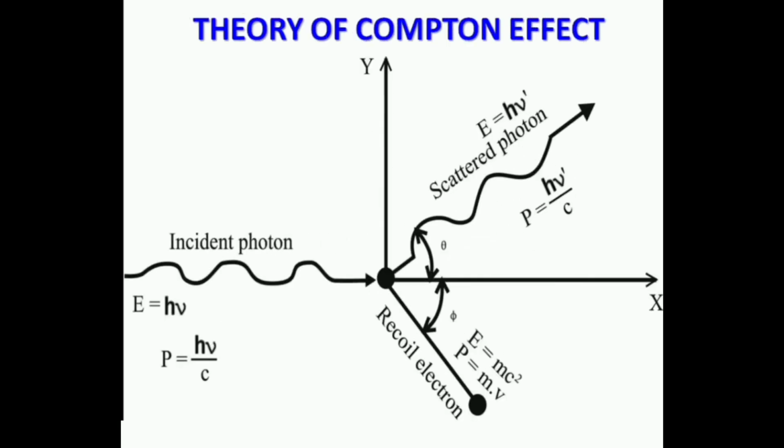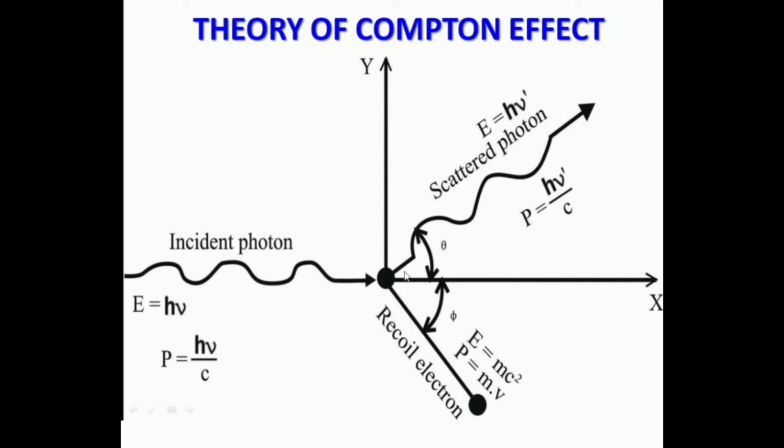As you can see here, this is an electron, and this is the incident photon. The incident photon has energy E equal to h nu and momentum h nu upon c, and the scattered photon has energy E equal to h nu prime and momentum h nu prime upon c.